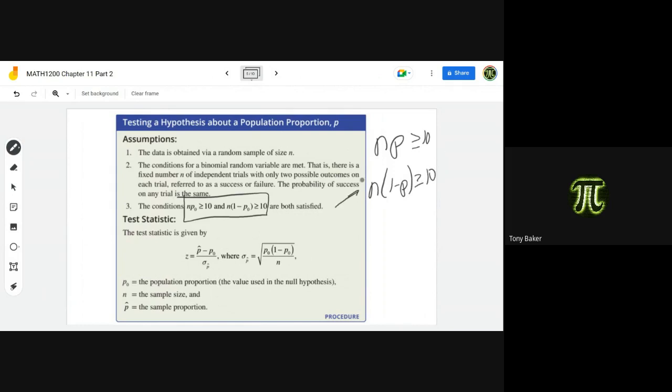You do have to do both of those, just a quick check. But your standard deviation formula is the same, and your z-score formula is the same. And in this situation, you're always using z because we can find the standard deviation of the population, basically.